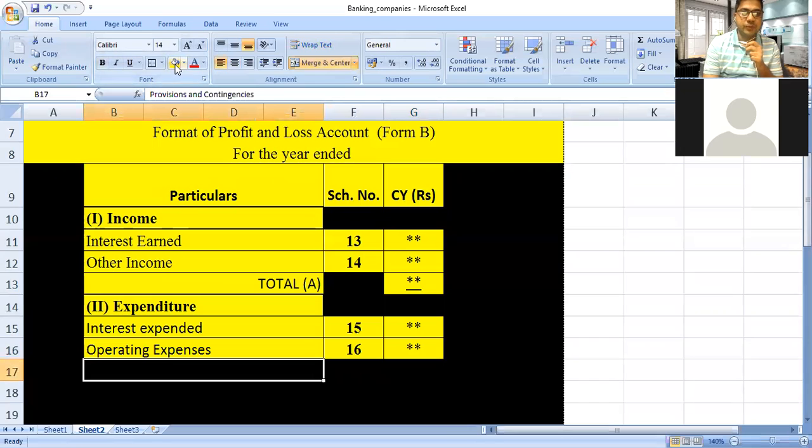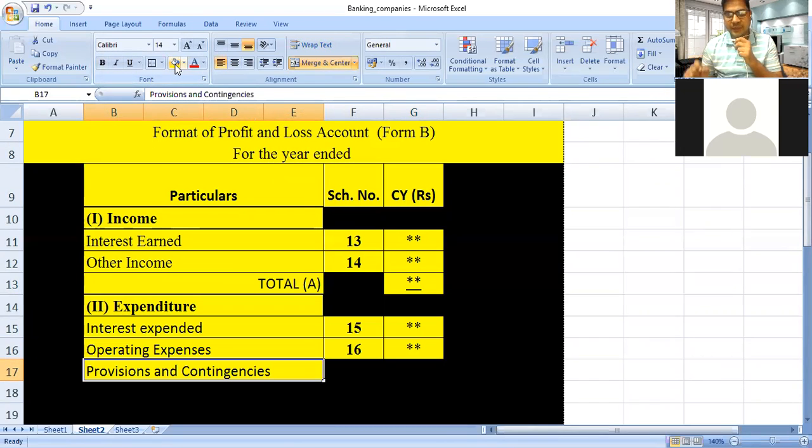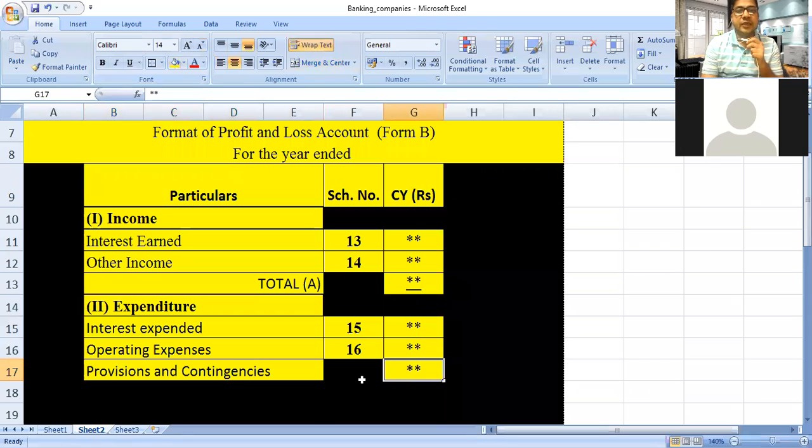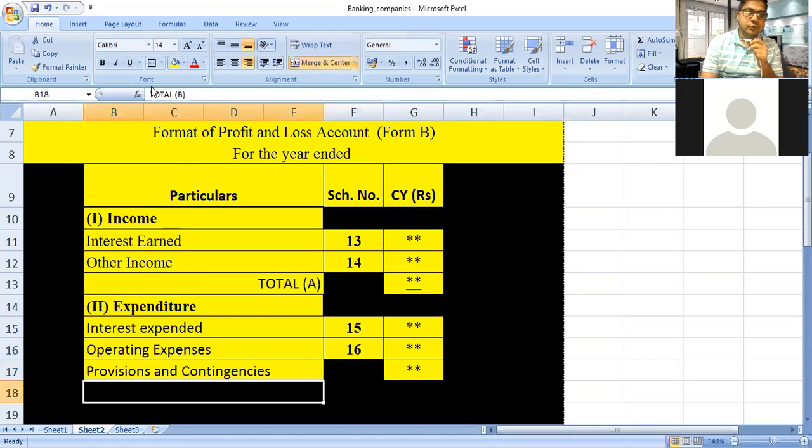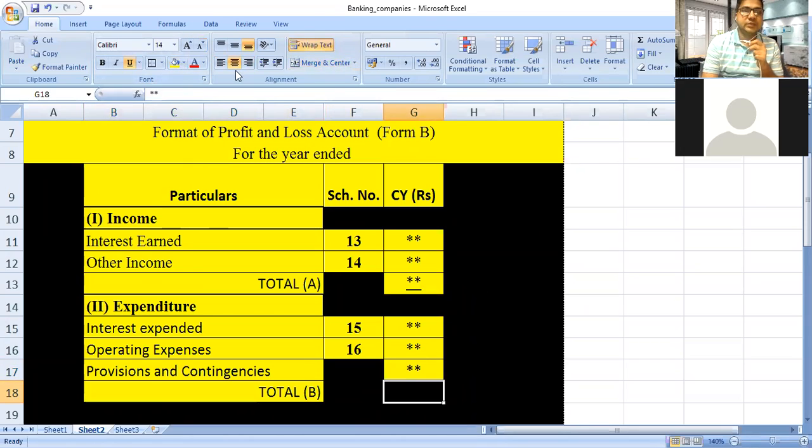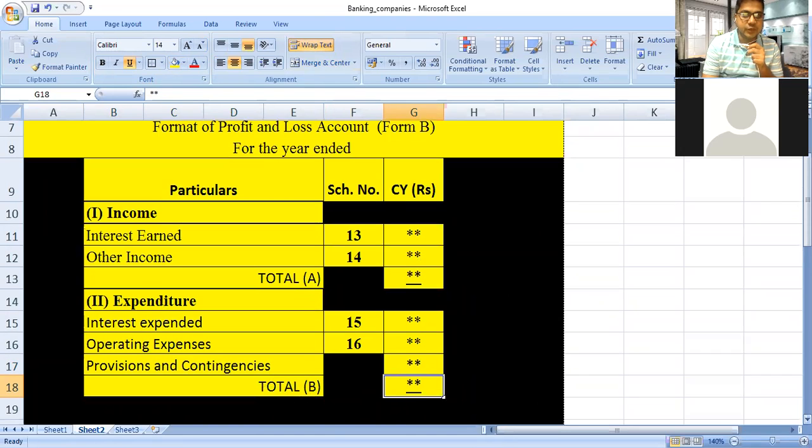One more item under expenditure is provisions and contingencies. But friends, there is no schedule for provisions and contingencies. If it is there, we have to show it here. The total of income is total A and the total of expenditure is total B. These things you have to keep in mind.